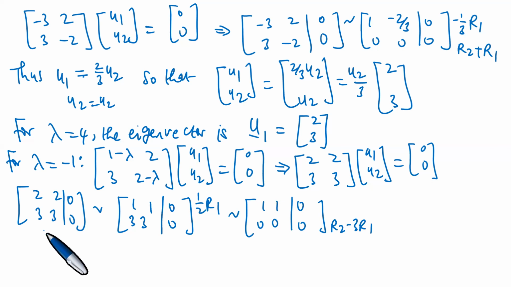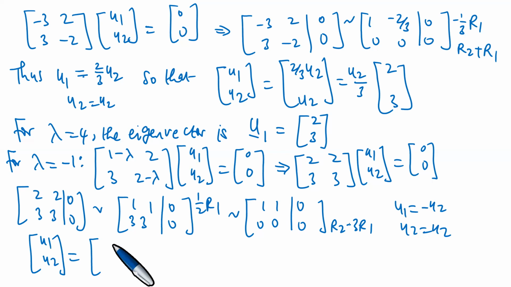Which means that U1 is minus U2, and U2 equals U2. What is U1 according to this? It is minus U2, and U2 is U2. So the vector is minus 1, 1.